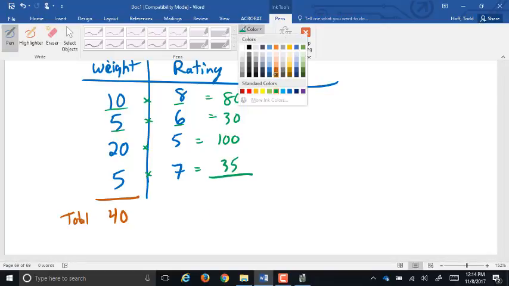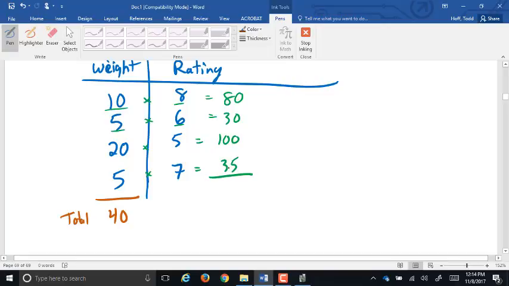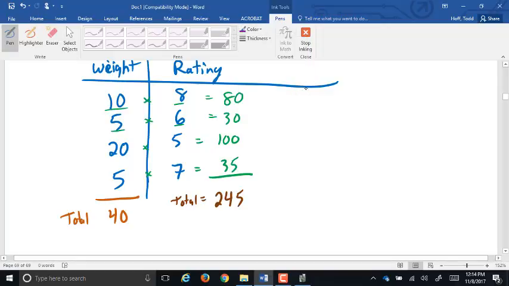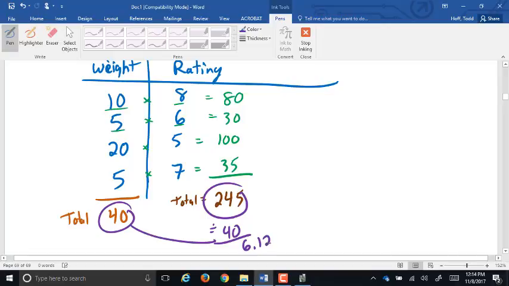We total those up. If we add those all up, we get what, 245? Is that total? So our weighted average is found by taking this total divided by the total weights. So 245 divided by 40 is 6.125. So that was car 1.